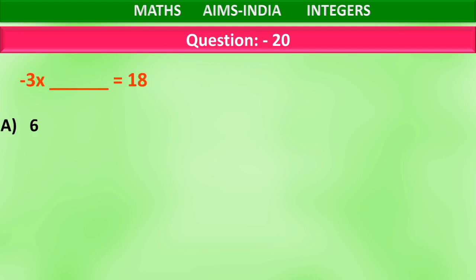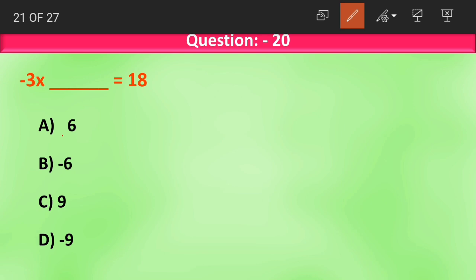Question number 20. Minus 3 into dash gives us 18. Option A 6, option B minus 6, option C 9, option D minus 9. Now there are two ways to solve this answer. First way is to check using every option.